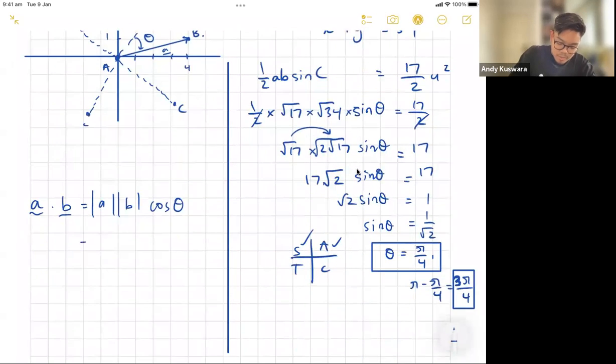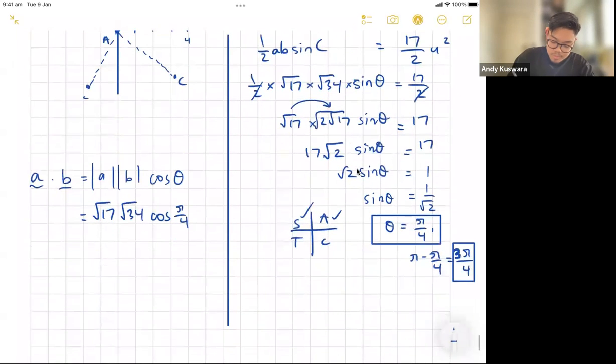Let's just substitute in what we know. We know that the magnitude of A is root 17. The magnitude of B was root 34. And we know that we have cos pi on 4. Or the other option would be cos 3 pi on 4.